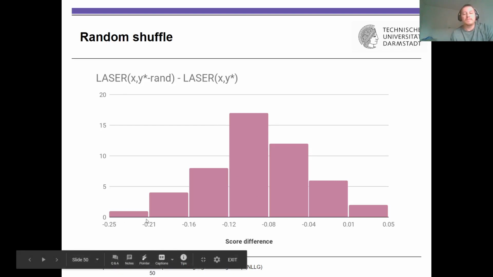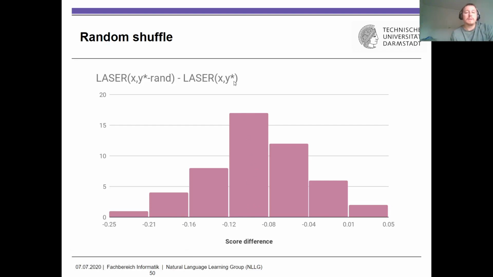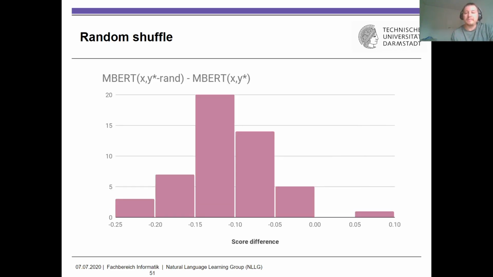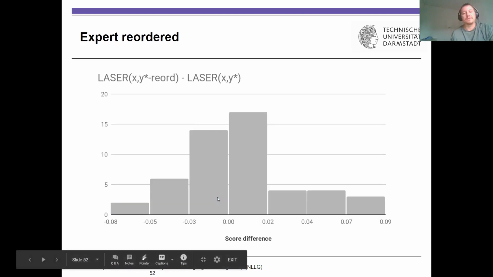We see the values here are generally negative. There are some positive, but the mass, the center, is clearly negative, which means that LASER prefers Y prime over Y prime rand, which we find good because this means that LASER is not a bag of words model and it really takes word order into account. Good. Same for multilingual BERT, right? Again, clearly negative.